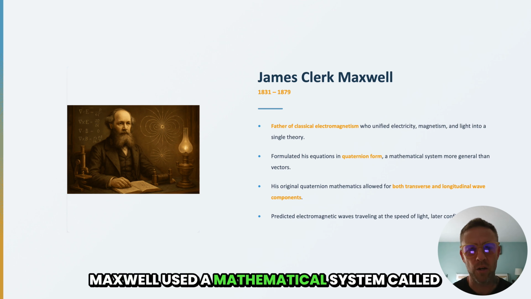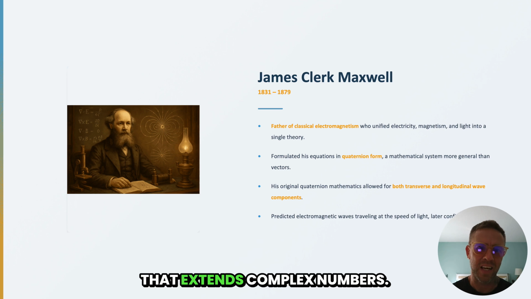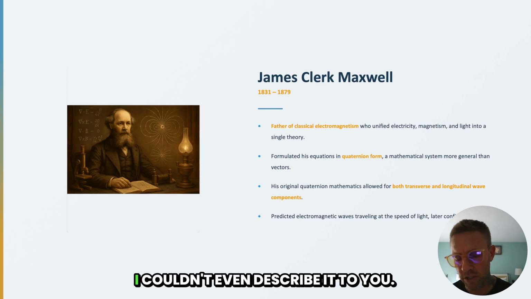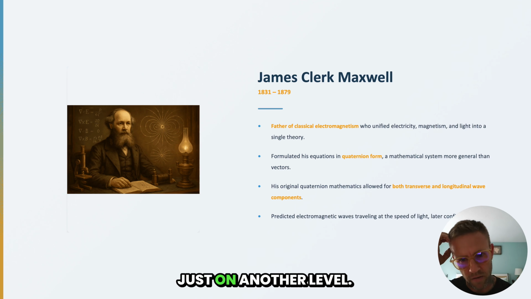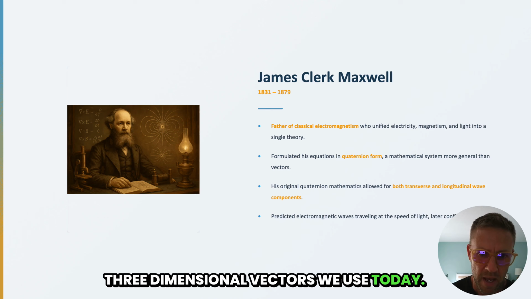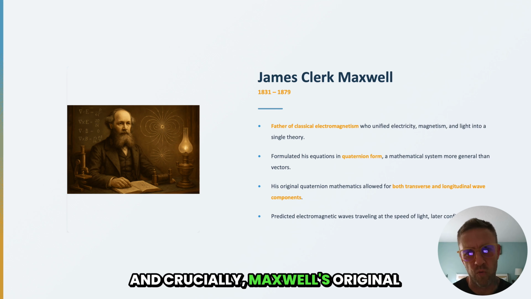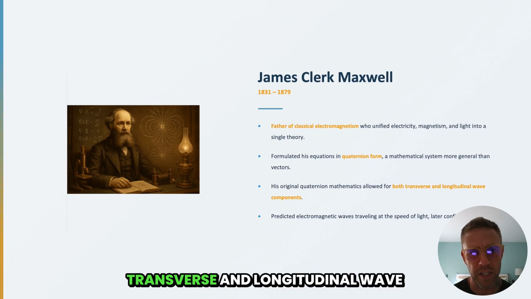Maxwell used a mathematical system called quaternions. Quaternions are a four-dimensional number system that extends complex numbers. I couldn't even describe it to you. I tried making sense of it, and this guy was just on another level. They're more general in nature than the three-dimensional vectors we use today, and crucially, Maxwell's original quaternion formulation allowed for both transverse and longitudinal wave components.